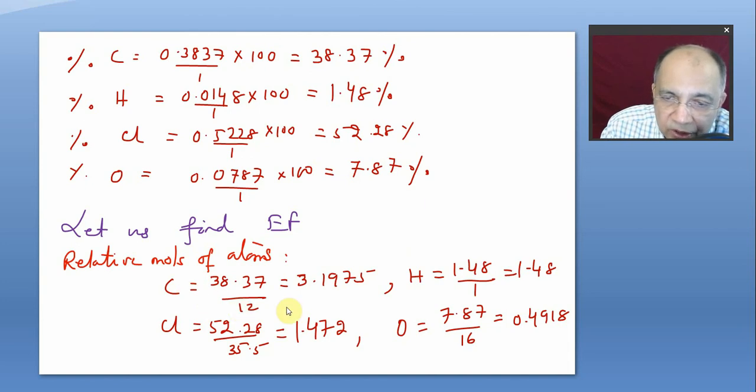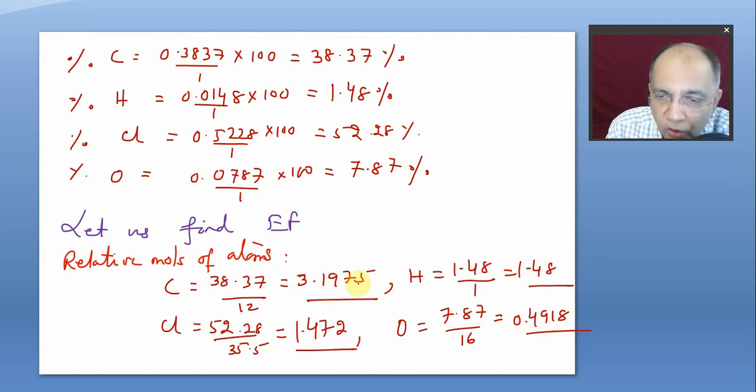Carbon 12, so this is 3.1975 moles of carbon in 100 grams of the compound. Hydrogen by 1, chlorine by 35.5, oxygen by 16, these many moles. Now you see which is the smallest one among these 4 numbers of moles.